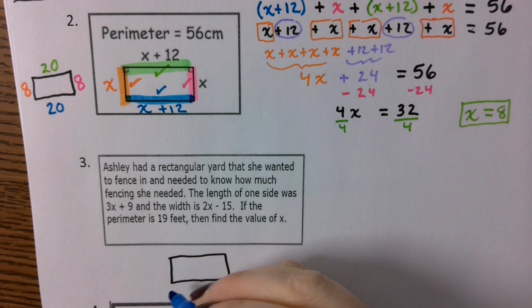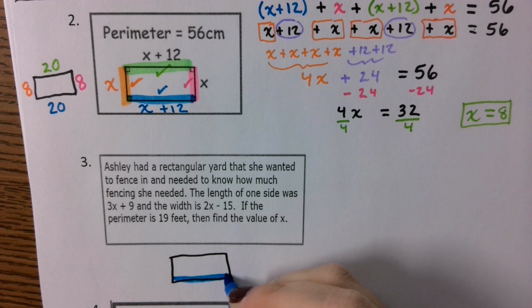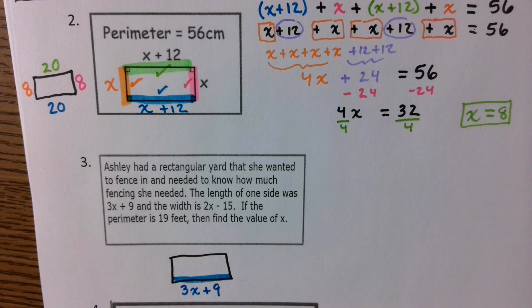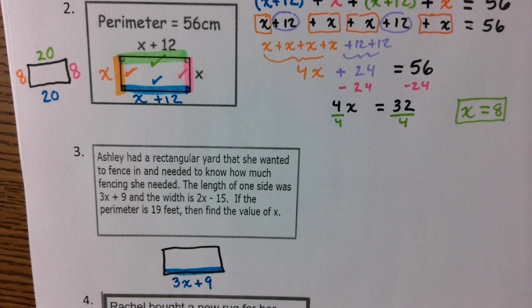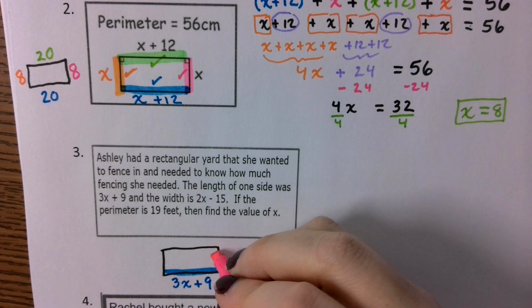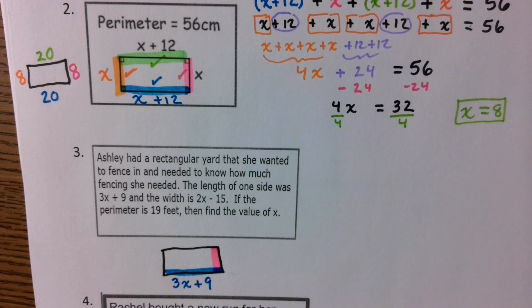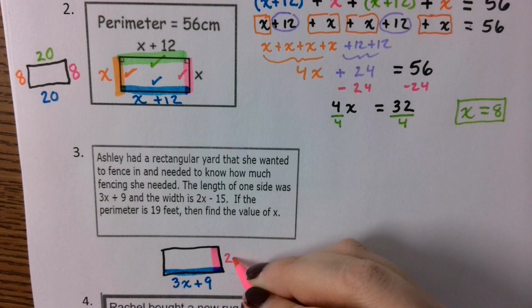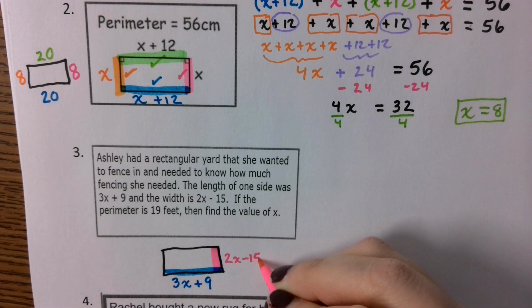So I'm going to just let my blue side be my length. So there's 3x plus 9. Okay, and then it says that the width is 2x minus 15. So I'm going to let the right side be 2x minus 15.